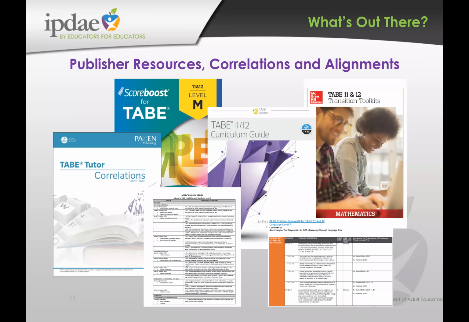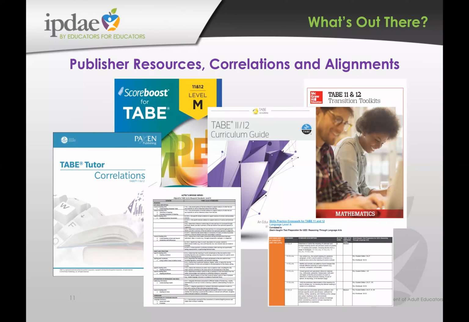It could be realigning their previous series to the new TABE and showing where you're probably going to go through the book in a different order now than in the past, or they may have released supplementary sheets, or what they call college and career readiness sheets, to add on to your existing textbook series. Some have completely revamped their series and released a new set that really aligns to the TABE 11 and 12. No matter what it is, you need to know what's out there.